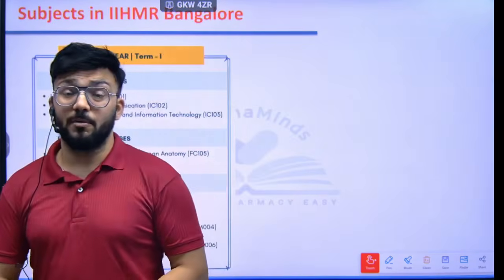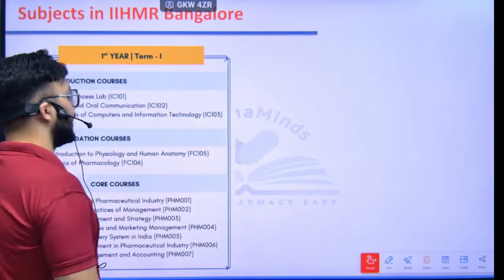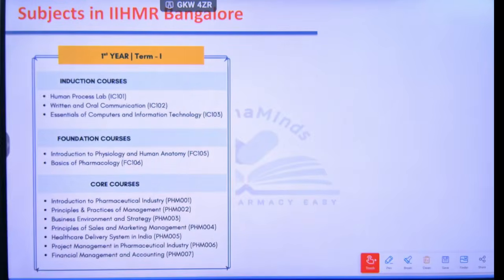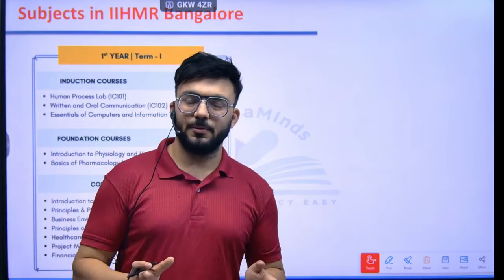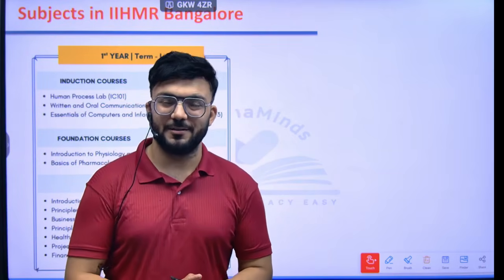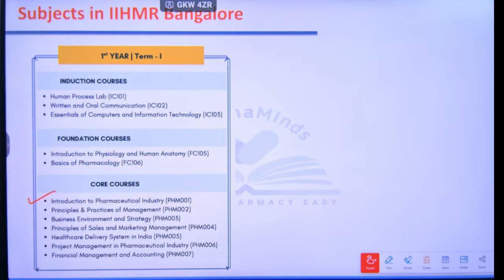And I'm going to talk about a very important thing here, what kind of subjects you'll be studying. These are pretty much typical pharmaceutical management subjects, which can be very interesting for you because you are interested in pharmaceutical management. Let me highlight some of the options for you. Introduction to pharmaceutical industry, principles and practices of management, principles of sales and marketing, environment and strategy, project management.